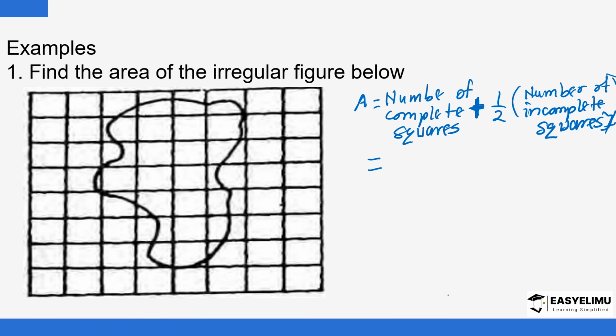So we'll have to count the number of complete squares. So I have 1 is here, 2, 3, 4, 5, 6, 7, 8, and I can't see any other. So they are just 8. The complete squares are only 8.